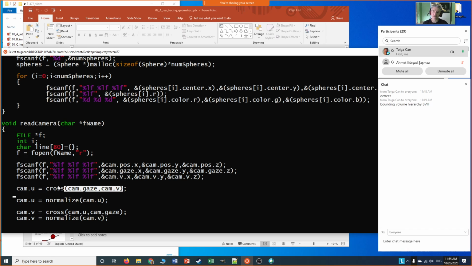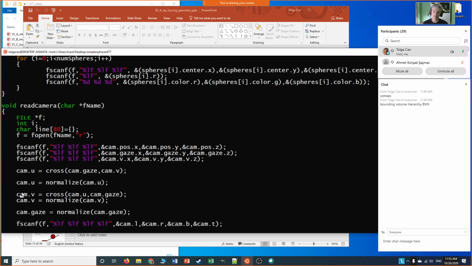Therefore, by using their cross product, I find the x-axis vector, the u direction, and I normalize the u direction so that it's a normal vector. After that, I update the up direction by cross producting the x-axis with the gaze. This is the place where it is corrected.